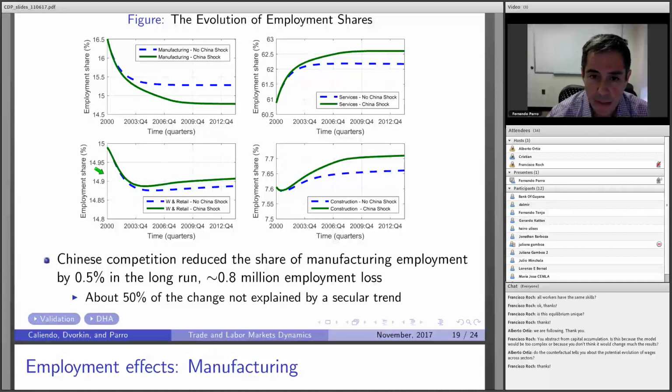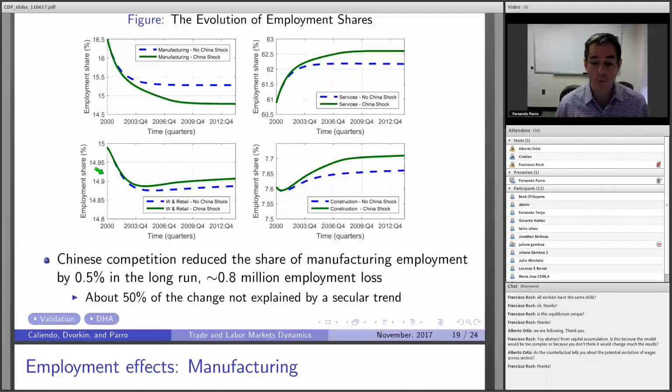And it is crucial to understand the input-output linkages here, because the services sector has no direct exposure to China. Think about non-tradable sectors. They have no direct exposure to China, but they use materials from the manufacturing sector to produce.